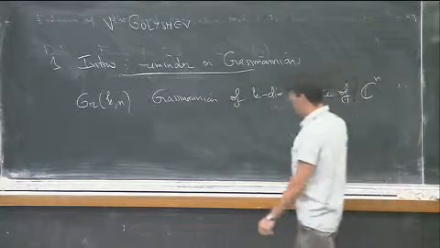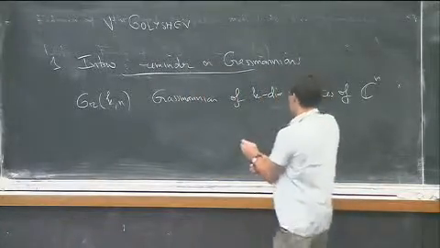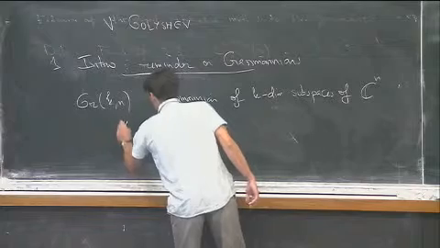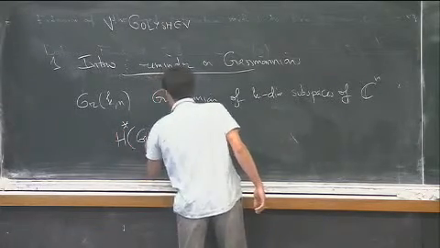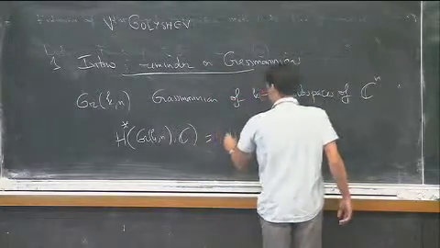And then there are two ways to understand the cohomology of the Grassmannian. So one is in terms of the Schubert classes. So let's say over C.